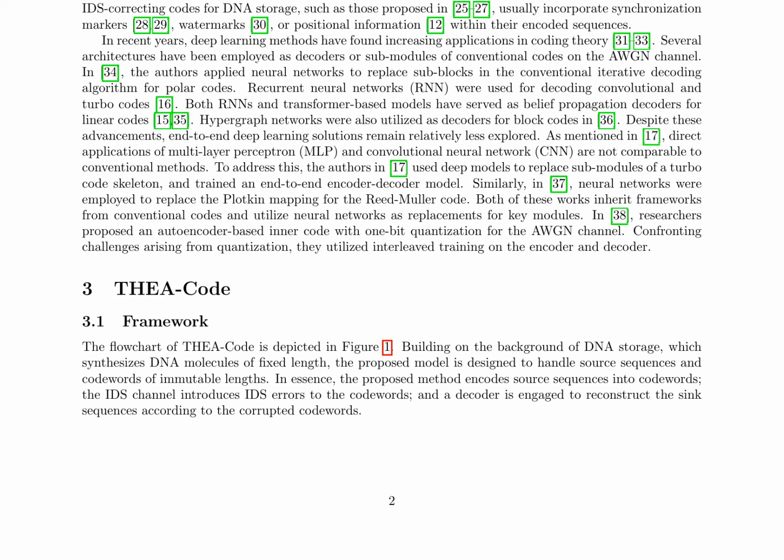The framework is depicted in Figure 1, showcasing the encoding of source sequences into codewords, IDS channel errors, and decoder reconstruction. This work diverges from traditional methods by employing a transformer-based model for the IDS channel and an entropy constraint on the codeword, offering a new perspective in the field of DNA storage and error correction.